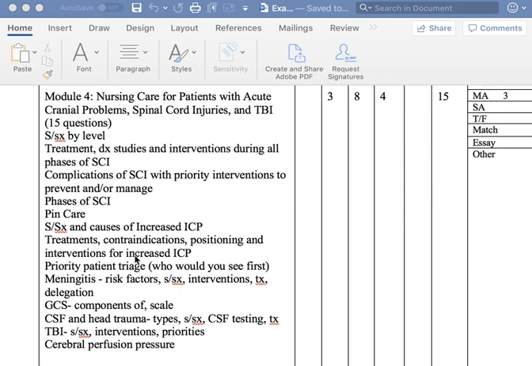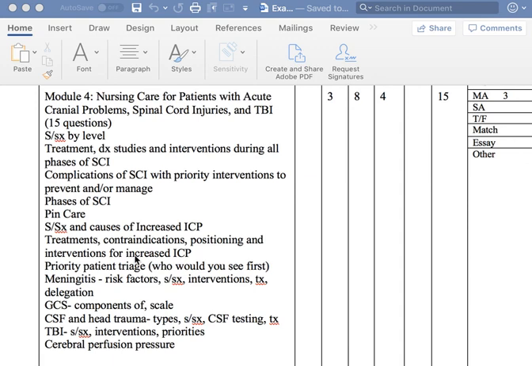What are signs and symptoms of increased intracranial pressure? Pupils and level of consciousness are two big ones. Yep, absolutely. So make sure you understand all of the signs and symptoms of increased intracranial pressure.